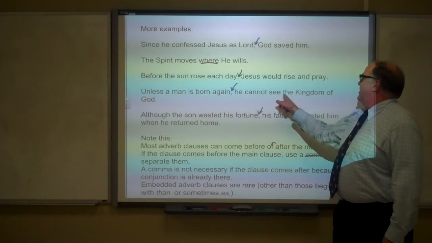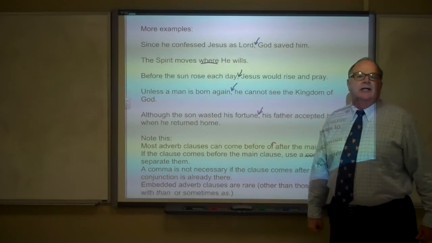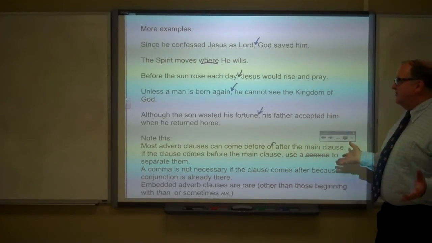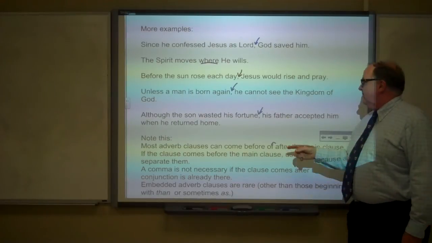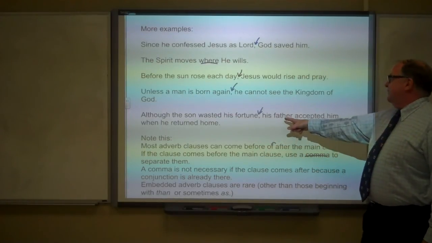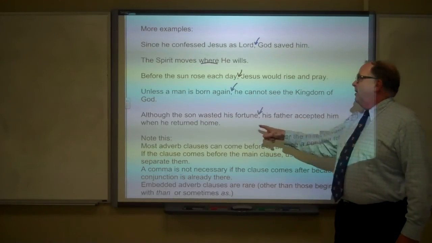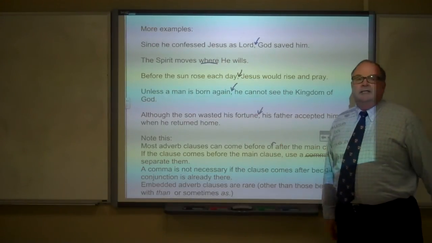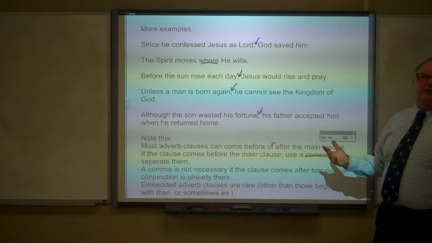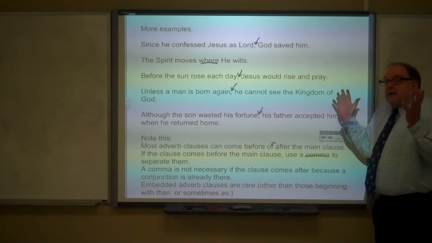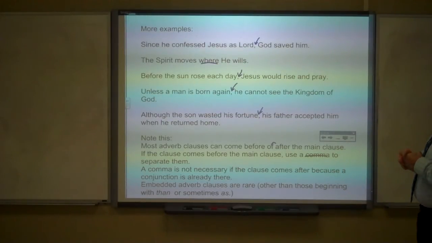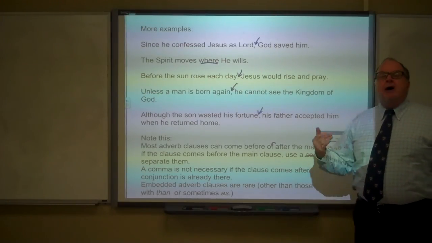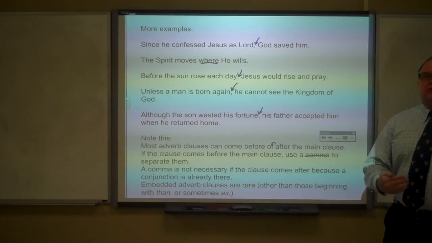A man cannot see the kingdom of God unless he is born again. Whether it comes before or after, says the same thing. The son's father accepted him, although he had wasted his fortune, something like that. Again, whether it comes before or after, it might have to change a pronoun or something, but basically the same sentence. Okay, so, but you only have to have a comma if the adverb clause comes at the beginning of the sentence.